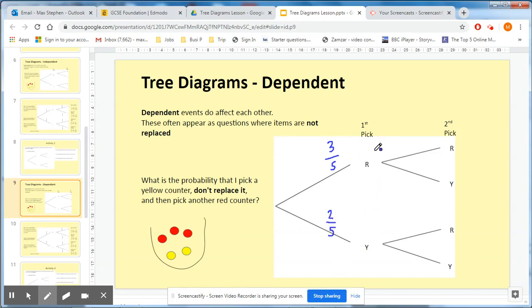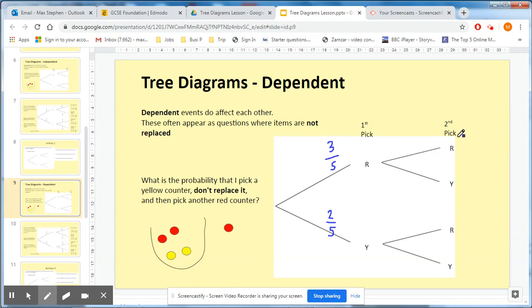So let's follow this arm first of all. So if I pick a red and I don't replace it, what happens? So I pick out a red. So here's my red. I've taken it out. And then when I go to my second pick, I'm not going to put it back in. So now I'm looking at a different scenario. So for my second pick, I've got 2 red counters and 2 yellow counters.